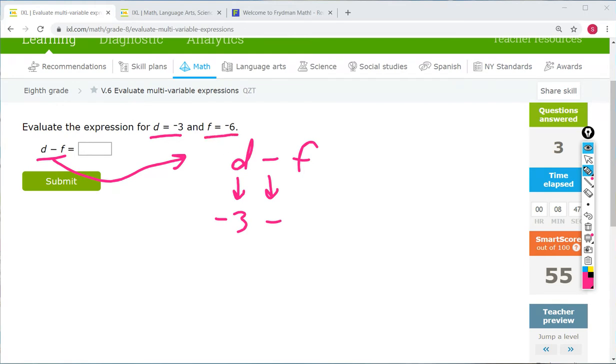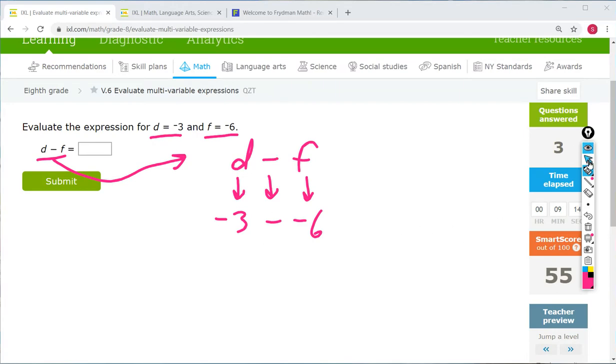And then F is negative 6, so we have negative 6 over here. Okay, a lot of students will forget to put this minus sign here, and they'll get this minus sign confused with this negative over here, and they'll just write negative 3 minus 6 instead of writing negative 3 minus negative 6. So that's important.